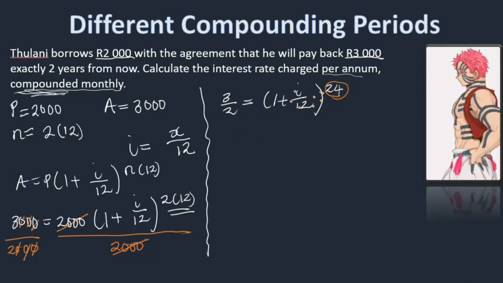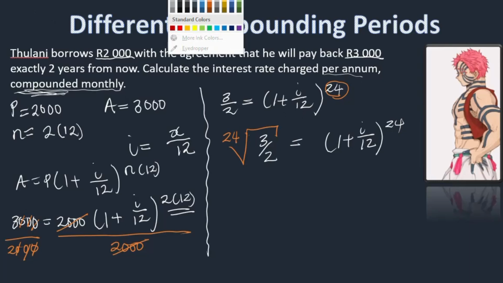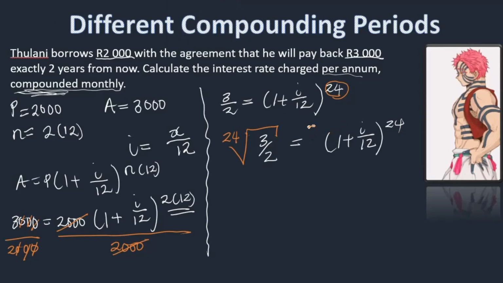So I need to remove 24 by taking the root 24 of 3 over 2, which is equal to this bracket, 1 plus I over 12, raised to 24. And what I do on the left, I also do on the right.